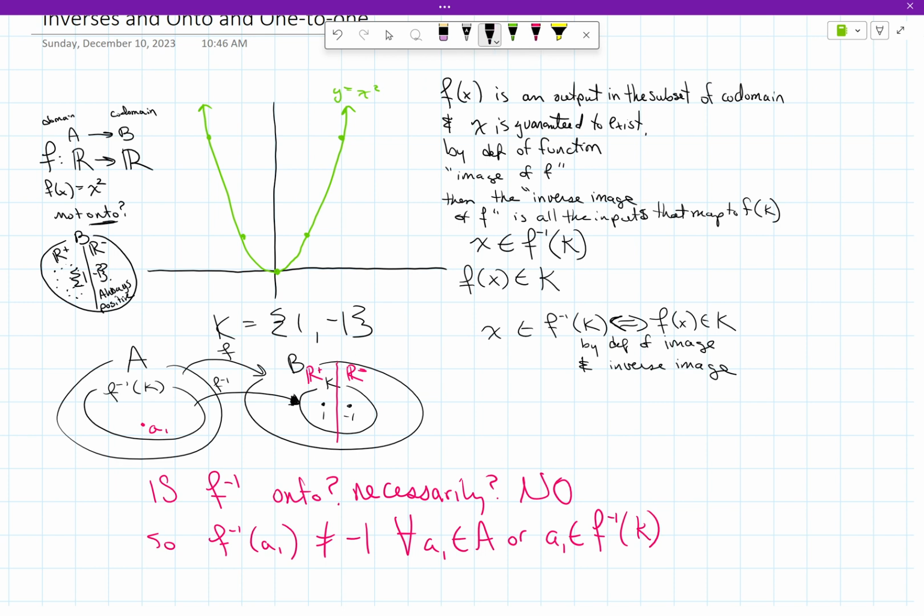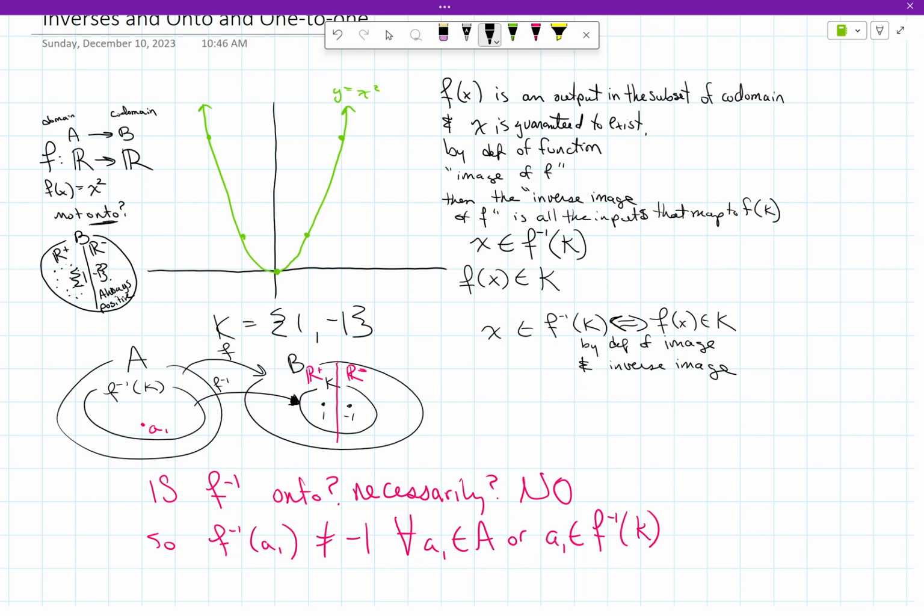Okay. What else? Let's talk again about, now that we know that this function might not be on-to, it seems that it's clear that it may or may not be 1-to-1. Right? So on-to says that the codomain is actually the range.